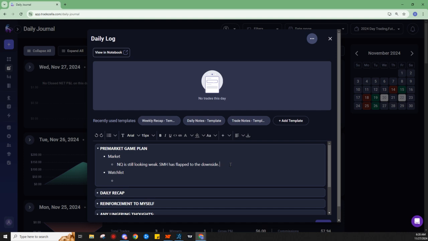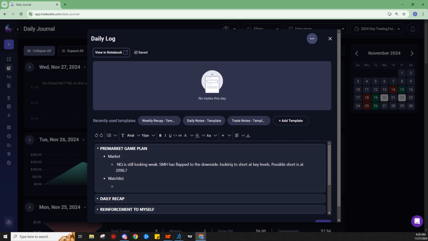Alright. NQ is still looking weak. SMH is flipped to the downside. Looking to short at key levels. Possible short is at 2098.7, 2098.3.75.